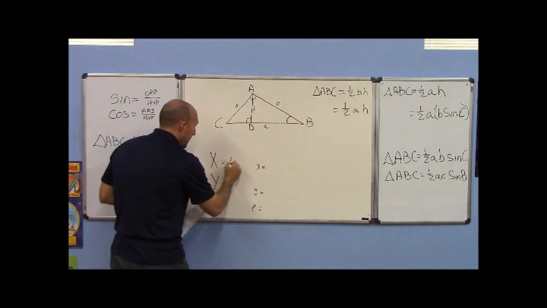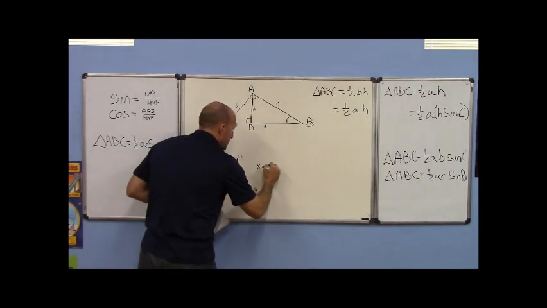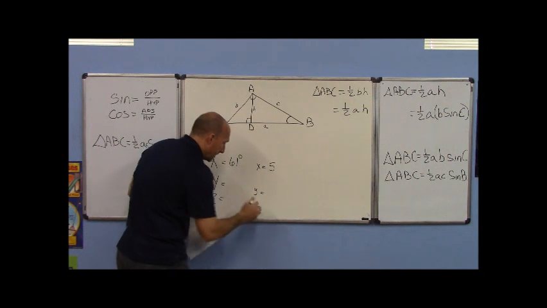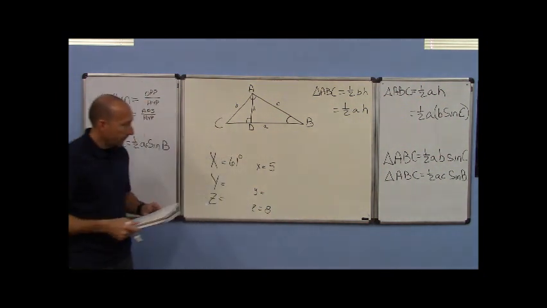We are given that the angle X is 61, the length of side x is 5, and the length of side z is 8.